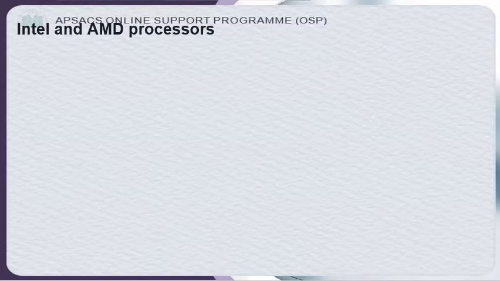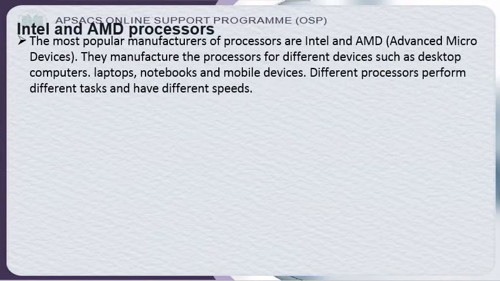So let's discuss Intel and AMD processors. I think most of you use a computer, and inside it the processor which you have is an Intel processor. But in the market we have two types of processors. One is Intel and the other one is AMD. AMD stands for Advanced Micro Devices.